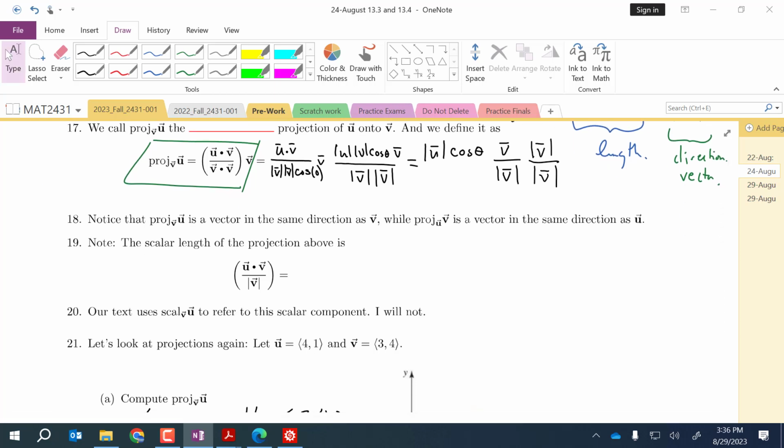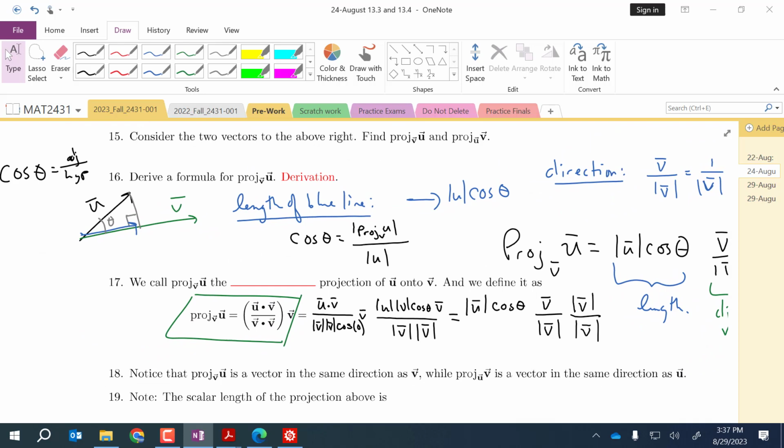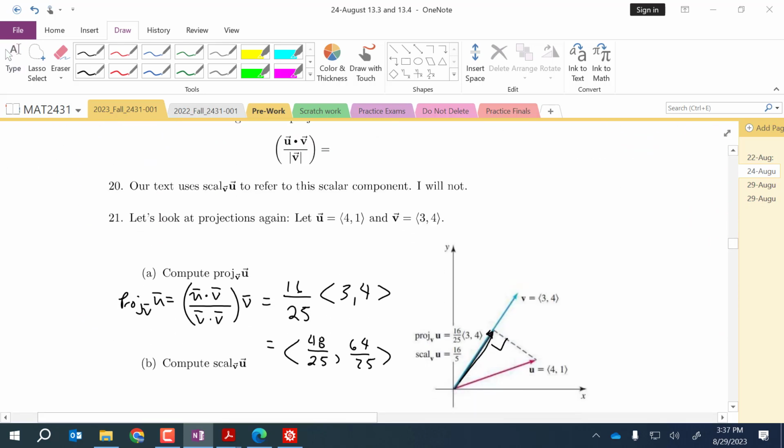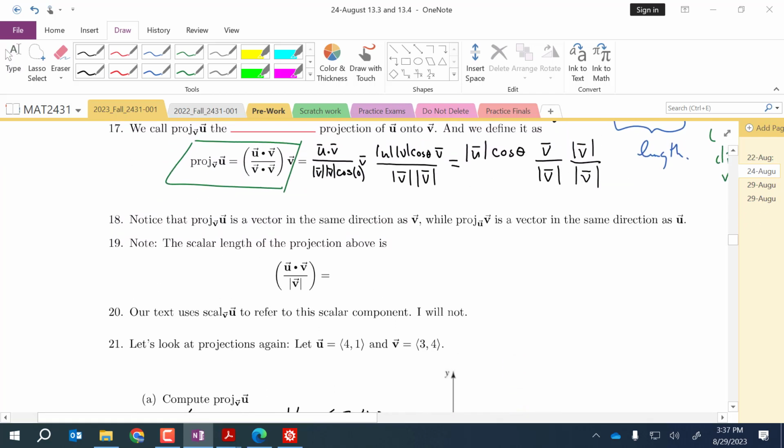So we're going to call that length the scalar projection. Okay? So it's a scalar whose length is however long that projection vector is. Okay? So in terms of formulas, do you see that the scalar projection would be sort of this answer right here?